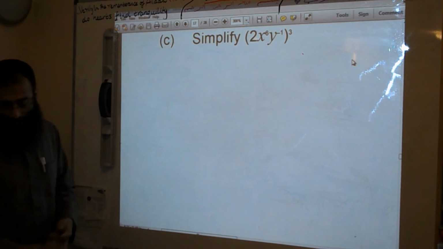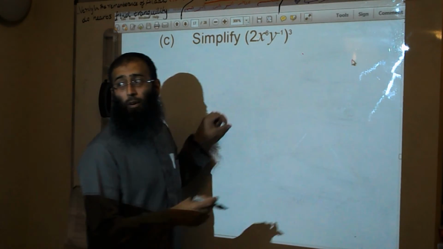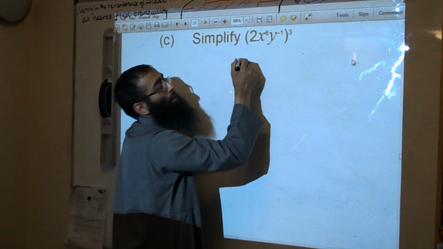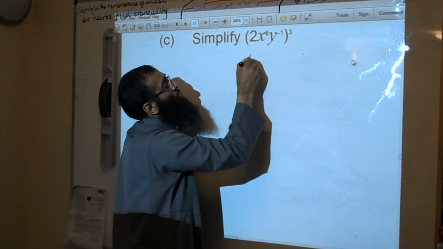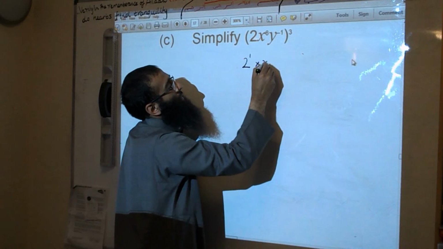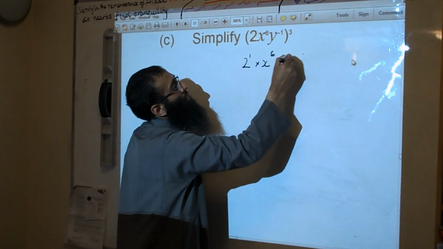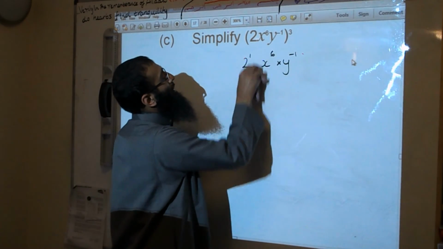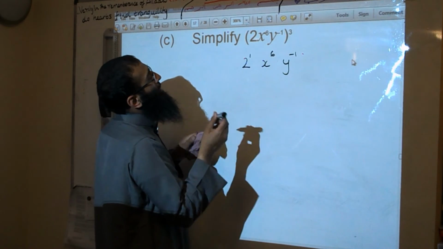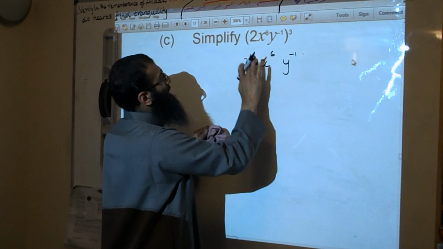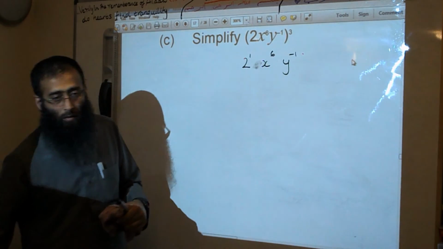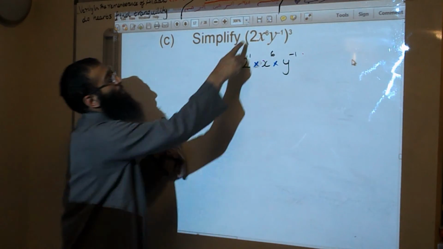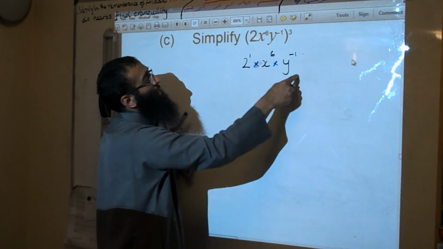Okay. Now, go simplify this. We have got now in here 1, 2, 3 items, all of them being raised to the power of 3. So that's currently 2 to the power of 1, times x to the power of 6, times y to the power of minus 1. It's not minus 6. Are we happy with the 2 to the power of 1, x to the power of 6, and y to the power of minus 1?